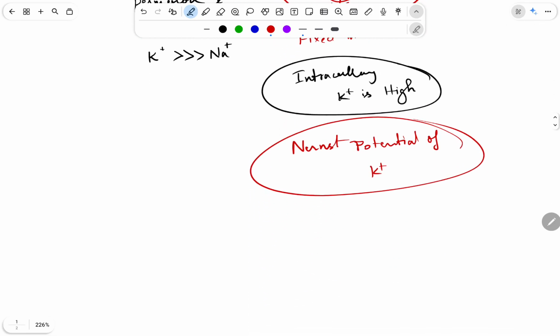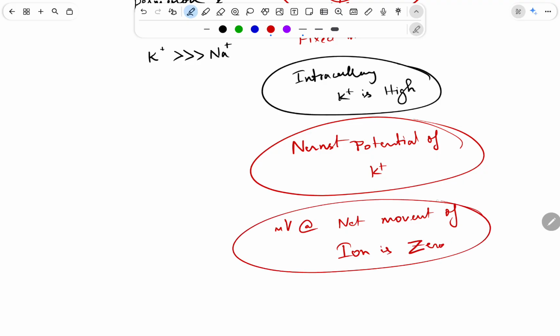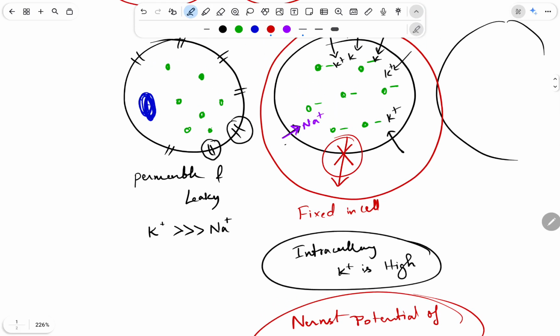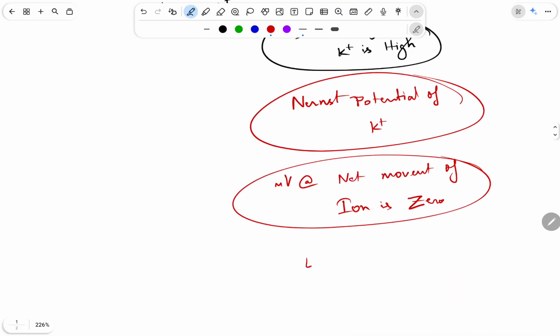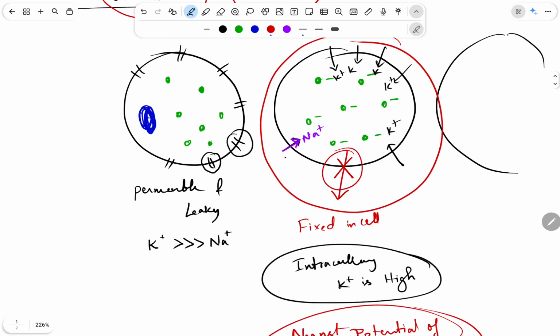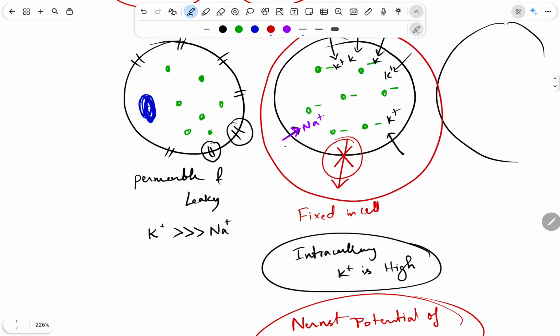That means the Nernst potential is the voltage at which the net movement of a particular ion is 0. That means its electrical gradient and chemical gradient are almost equal. Electrical equals chemical gradient.